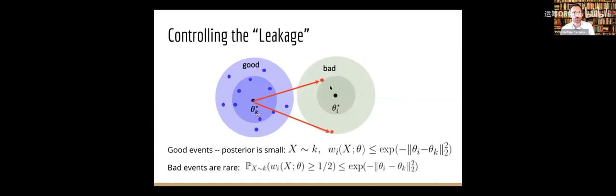So what happens here is that this probability of error that we get, this probability of these bad events, is going to be very small. These bad events are going to be very rare. They're essentially going to be controlled by the probability of a Gaussian in these little cones, which is going to scale like e to the minus theta i minus theta k squared.